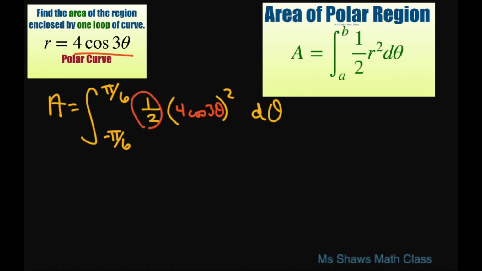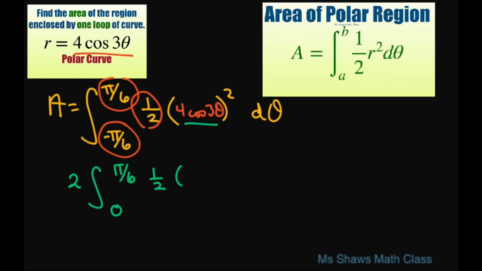Since these are the same, let's use our properties of integration and write this as 2 times the integral from 0 to pi divided by 6. Now I still have my 1/2, and I'm going to square this. This is going to give me 16 cosine squared of 3 theta d theta.